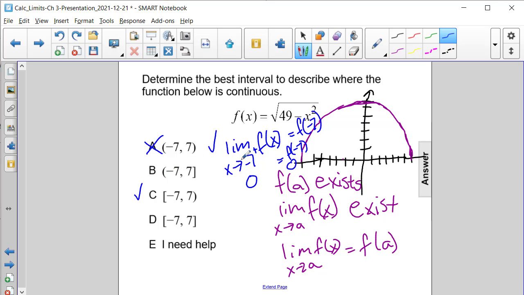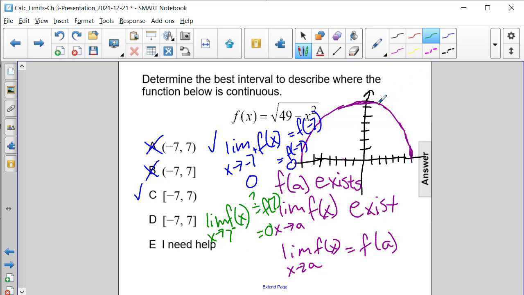Since the left endpoint is included, we can also rule out answer choice B. Now the question is, does the right endpoint also work? And if so, then D will be our final answer. Let's check it out. So we're going to do the limit of f of x as x approaches positive 7 from the left. Does this equal the function value at positive 7? Well, the function value at positive 7 is going to be 49 minus 7 squared, which is 49 minus 49, which is 0.